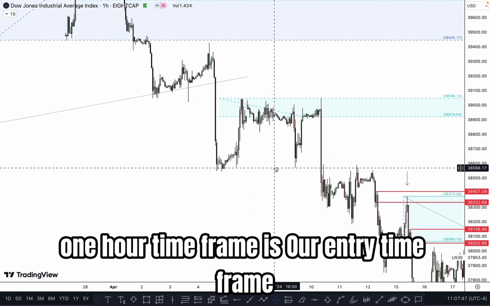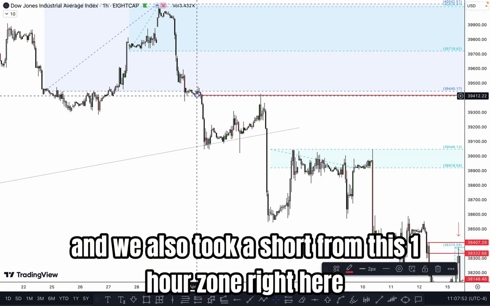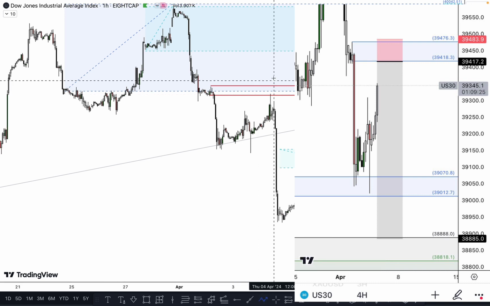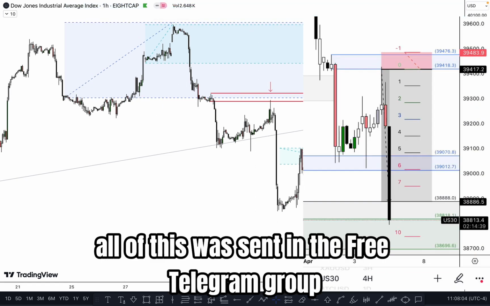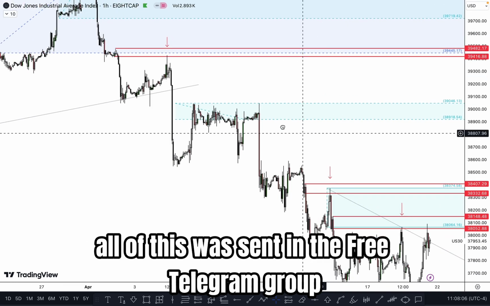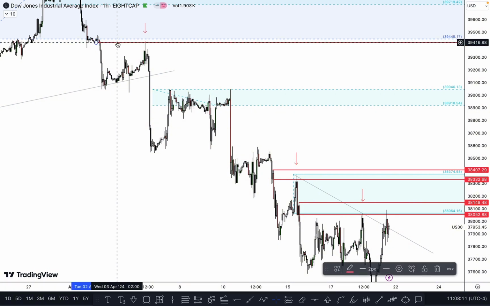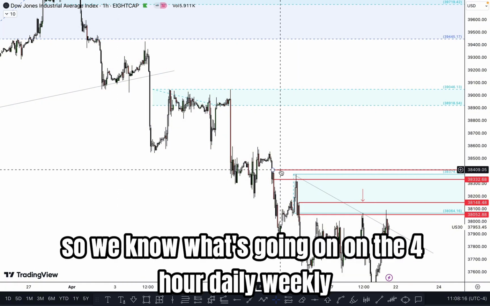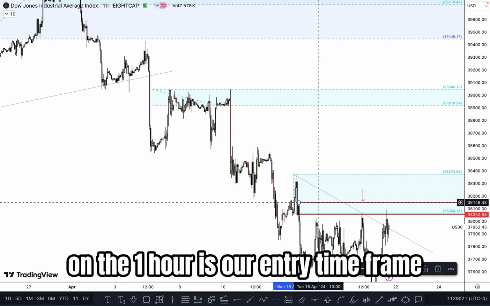The 1-hour time frame is our entry time frame. And we also took a shot from this 1-hour zone right here, which was 1-hour and 4-hour. We entered right here, right? All of this was sent in the free Telegram group. So we know what's going on the 4-hour, daily, weekly, and the 1-hour is our entry time frame.